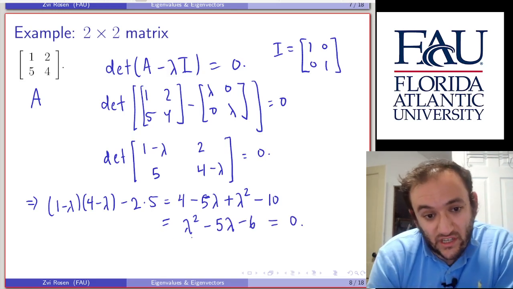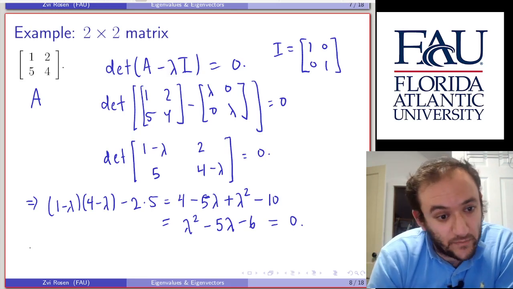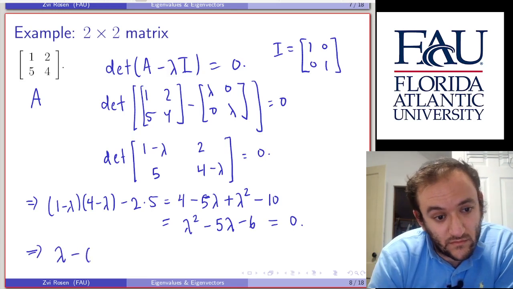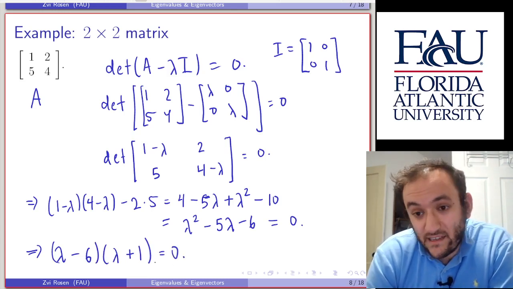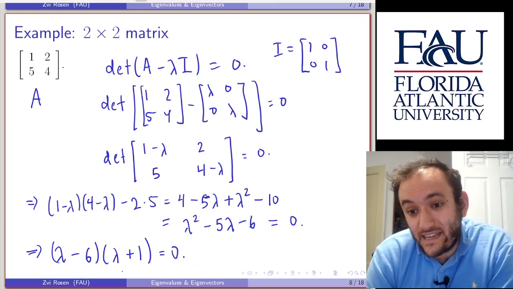Well, this equation can be factored. This is lambda minus 6 times lambda plus 1. Okay, so what that tells us is that the possible eigenvalues for this matrix are 6 and negative 1.